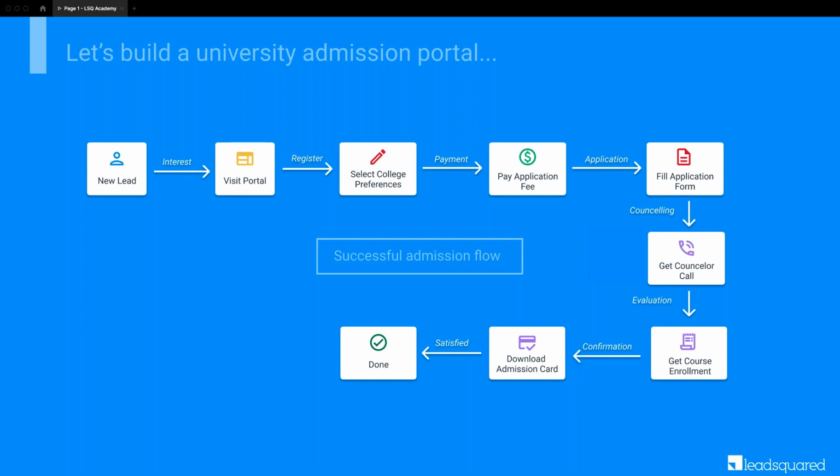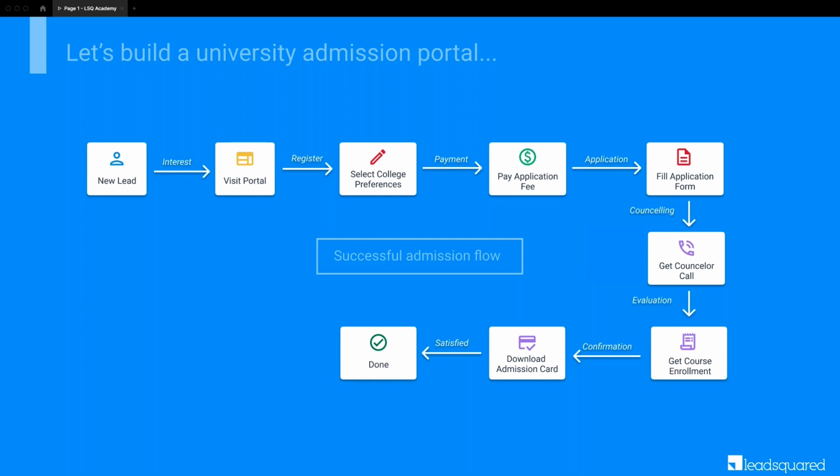Now, the lead will want to register on your portal, and we will specifically mention that if you want to apply to our courses, please register. After that, you can apply to our courses. After registration, the lead would want to select their college preferences, their city, their address.